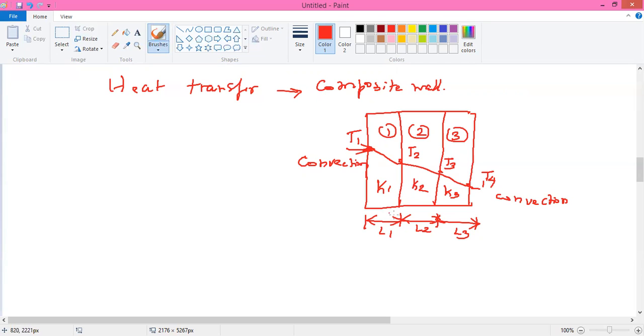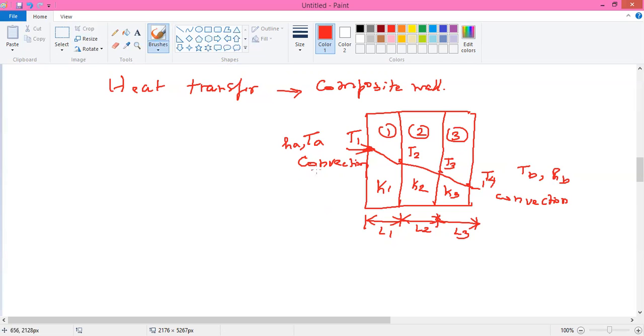Consider the composite wall with thicknesses L1, L2, L3 and thermal conductivities K1, K2, K3 respectively. Assume the interior has a mean temperature, that is the ambient temperature TA, and TB becomes the exit temperature, with convective heat transfer coefficients HA and HB.